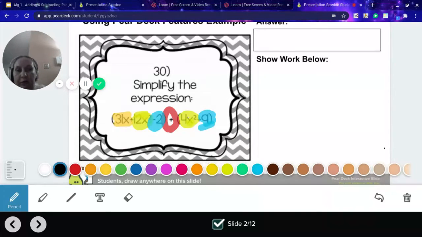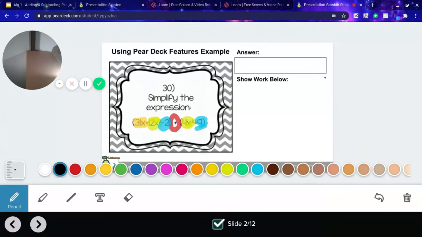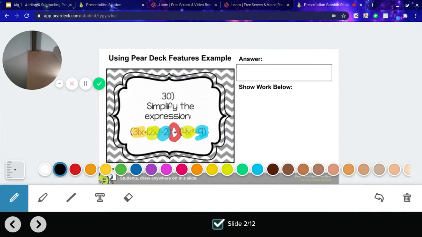It's 12x squared, and then plus 31x, and then minus 2.